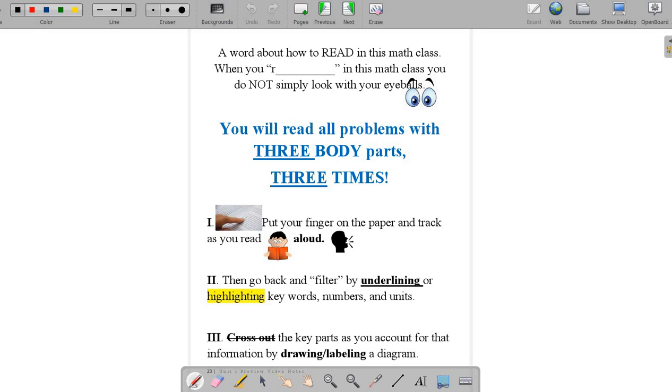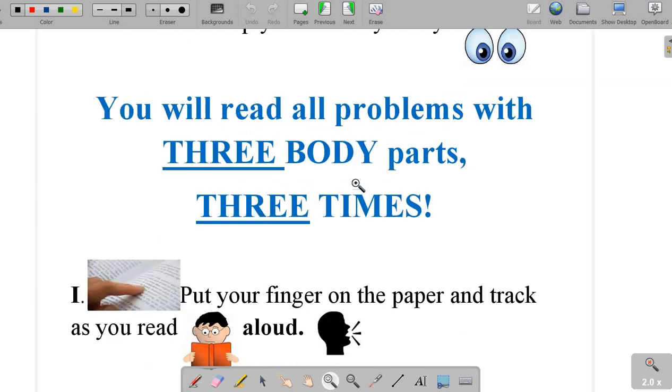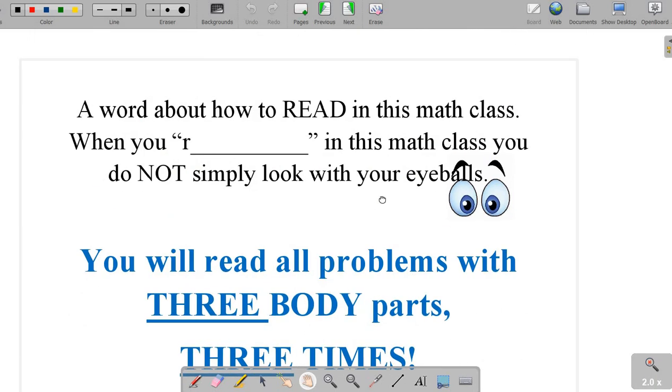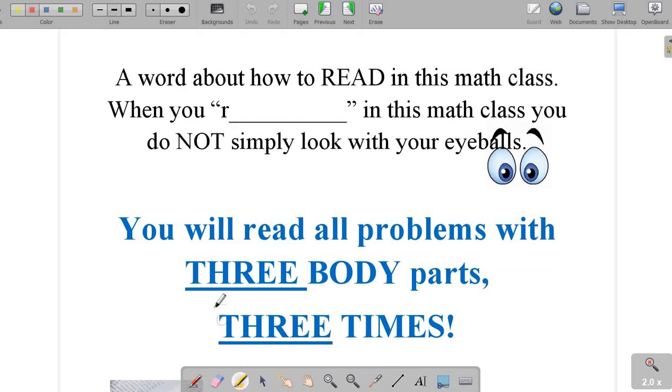I'm going to teach you how to read, because guess what? Most of you do not read properly when it comes to a math class. I'm going to be very, very strict about this. A word about how to read in this math class. When you read in this math class, you are not simply going to look at stuff with your eyeballs.